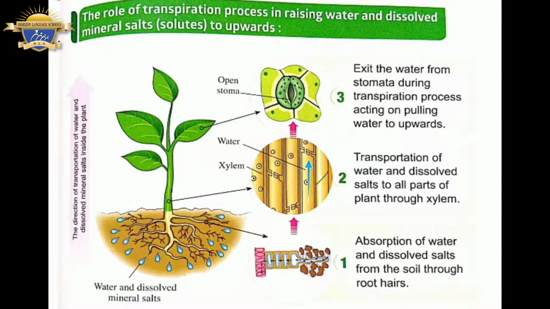Exit of water from stomata during the transpiration process, acting on pulling water upwards. This is the role of transpiration process in raising water and dissolved mineral salts upwards, as we see in the image. Now we will see a video that illustrates absorption and transmission of water and mineral salts in plants.